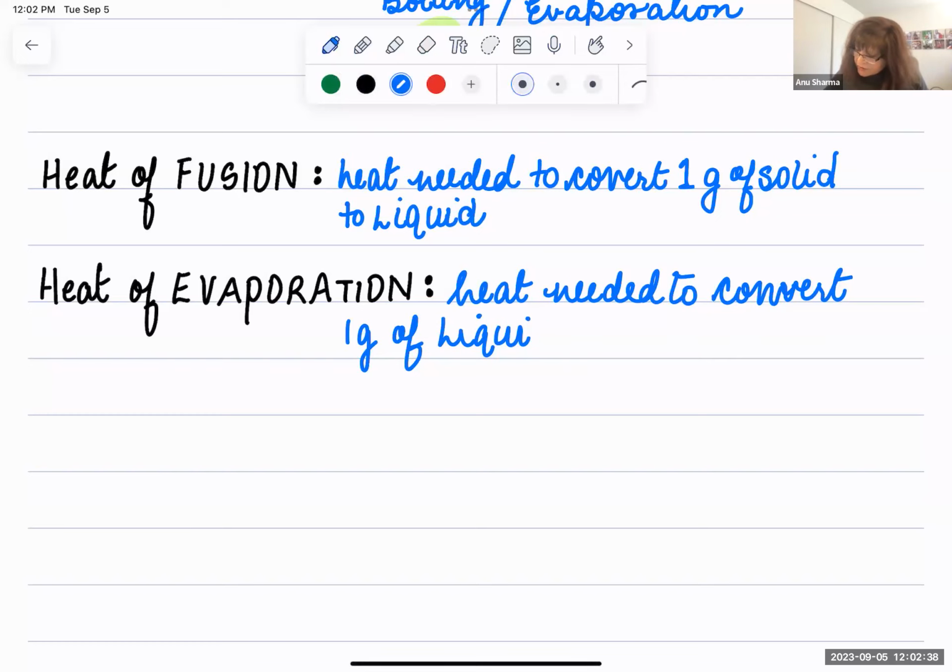The material is the same, like the 1 gram of liquid to gas. So that's the heat of fusion and the heat of vaporization.